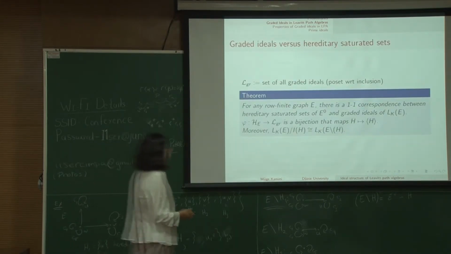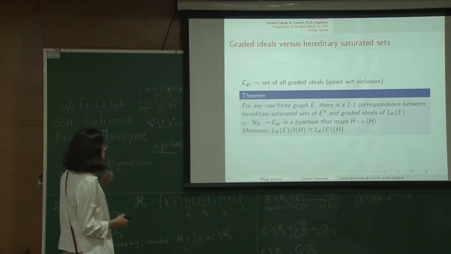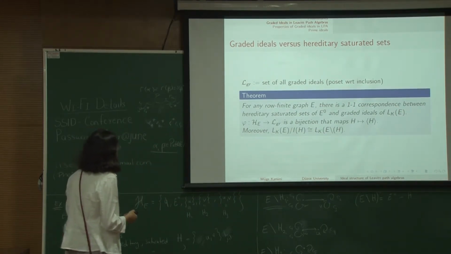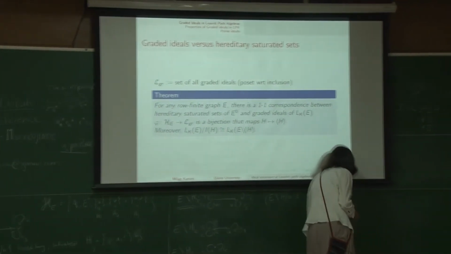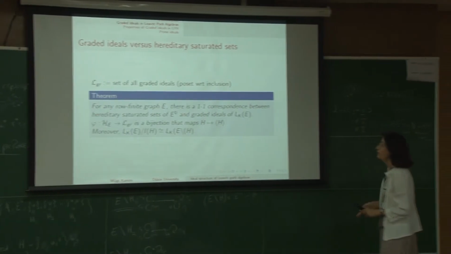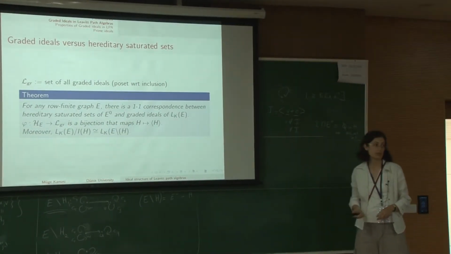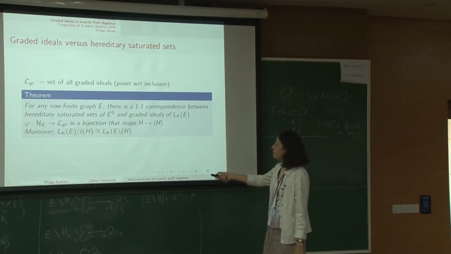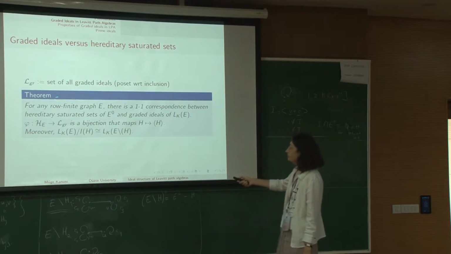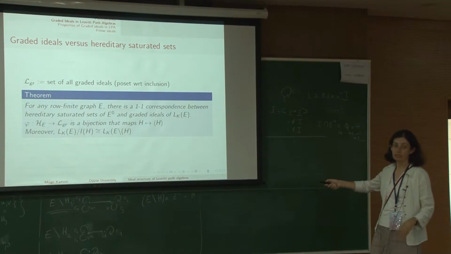Okay, let me give the theorem at least, and maybe I'll stop in a couple of minutes, and I'll continue next class. Now, the main thing is there is a one-to-one correspondence between all possible graded ideals and all hereditary saturated subsets, when we take a row finite graph E. The condition row finite is necessary now. I'm not giving the generalization.